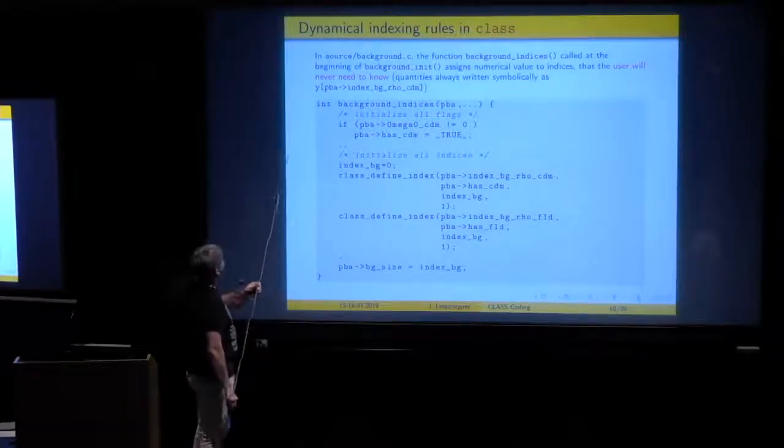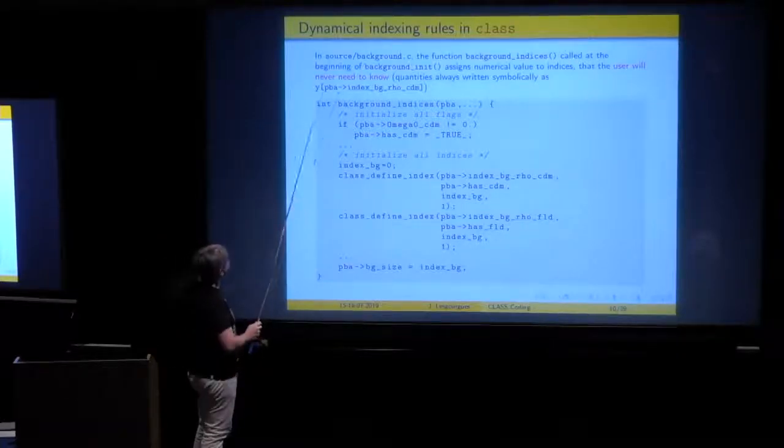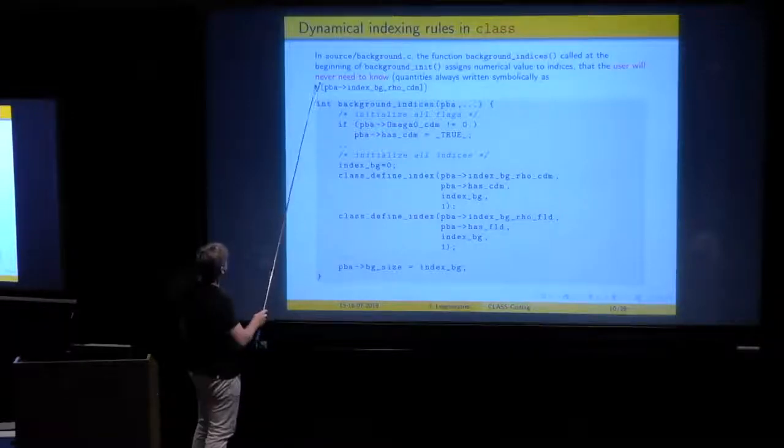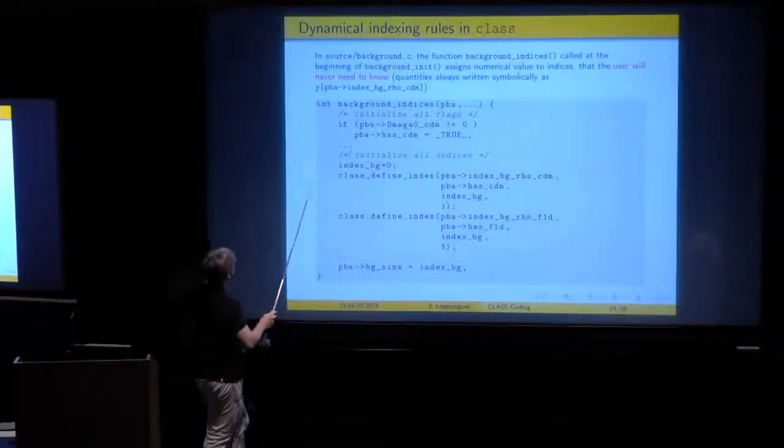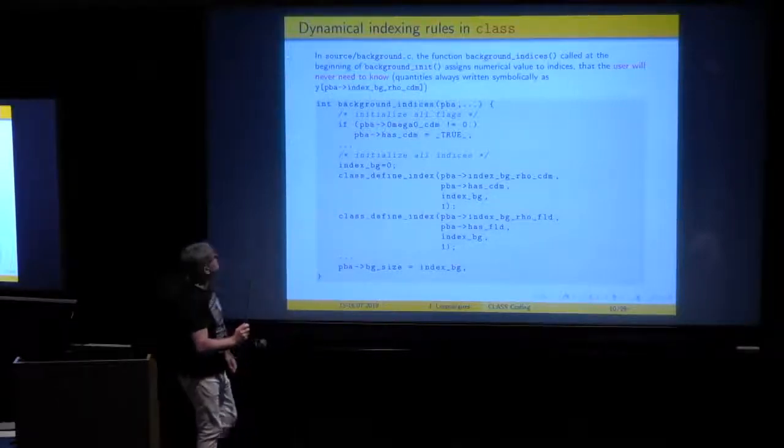Inside the module, in fact, you will not find numbers. You will find, for instance, if y is the name of your vector of background quantities, notations like this: y[pba->index_bg_rho_cdm]. It's pba-> because it has been declared in the background structure, so you can use a pointer to the structure and the arrow to call it.